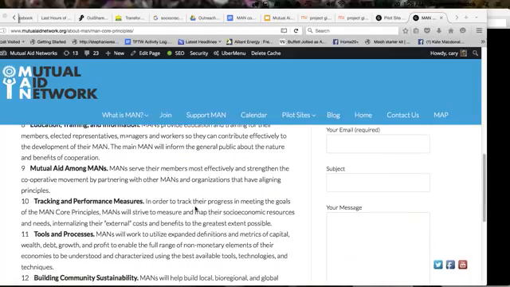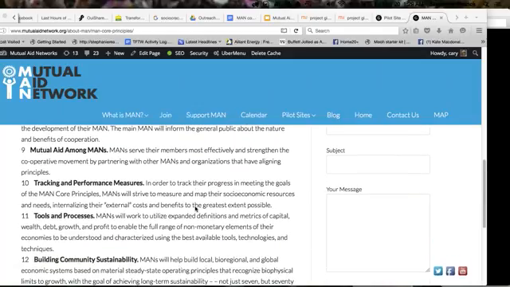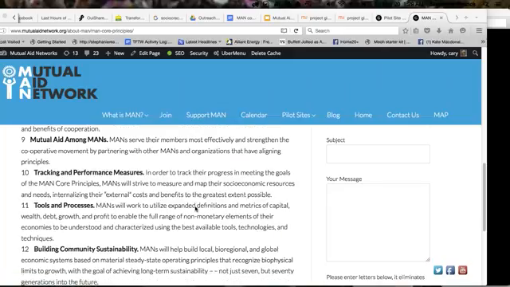Mutual aid among mutual aid networks, tracking and performance measures. So we're looking for really good performance measures that, again, take into account a lot of types of outcomes that often get overlooked. So we're not just looking at the mechanical, numerical outcomes of exchanges or wealth generation.